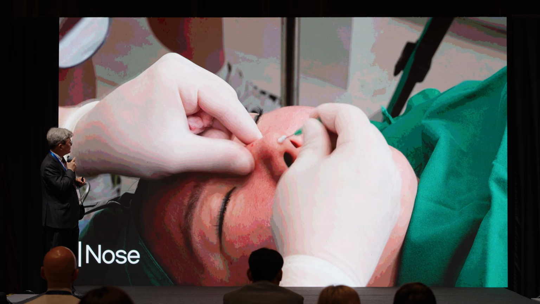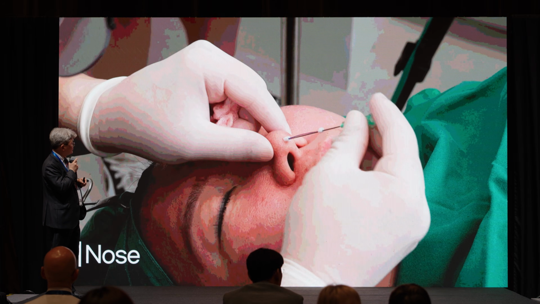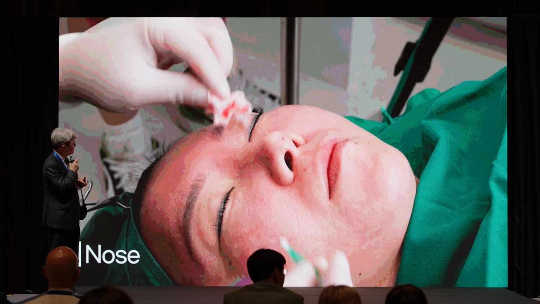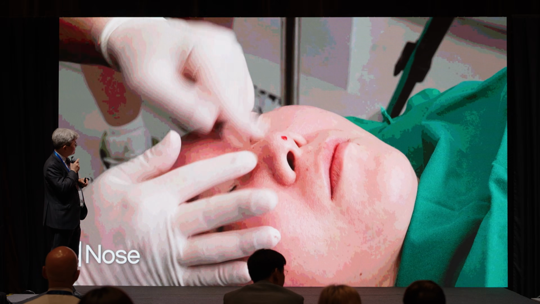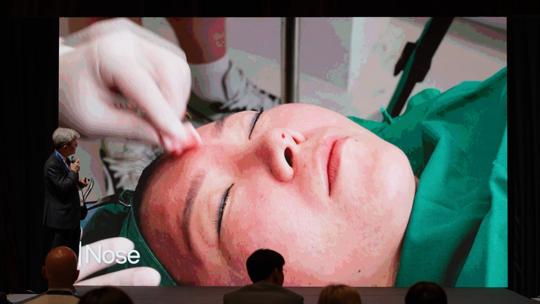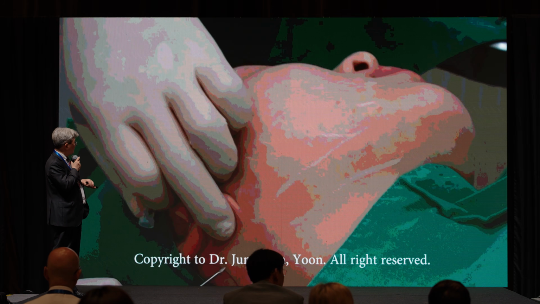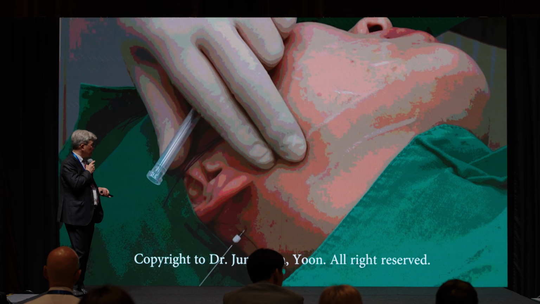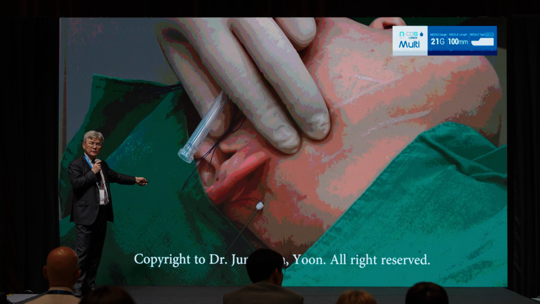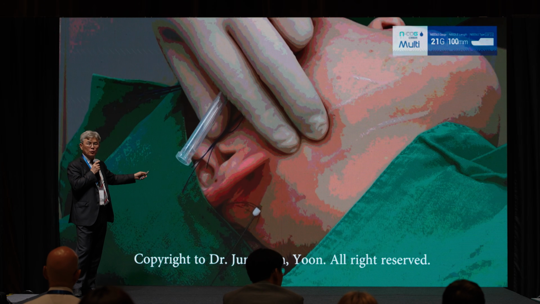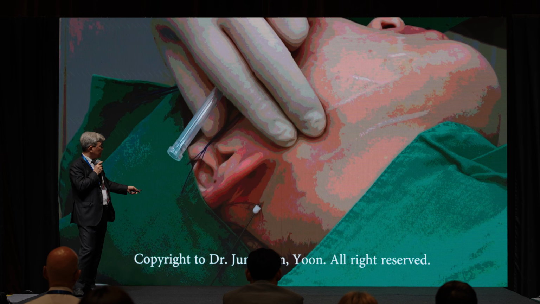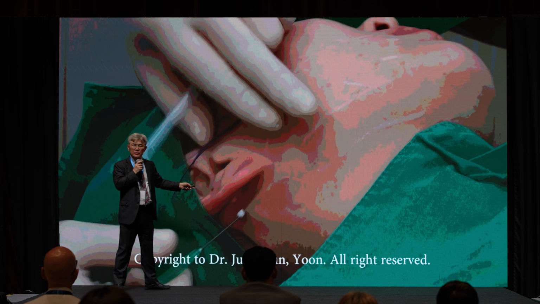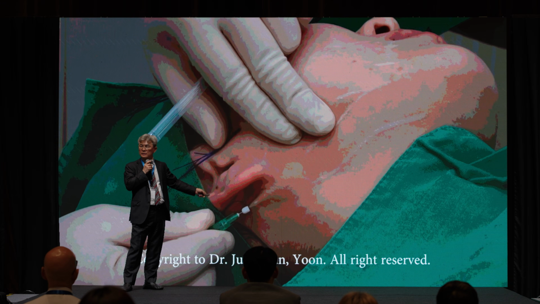For the nasal dorsum. And this is for the submandibular line. The entrance point starts from the mastoid process low boundary, and this area is very hard to insert because the platysma retaining fascia is located here.